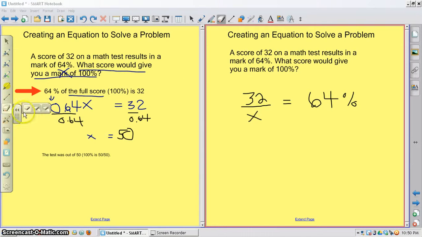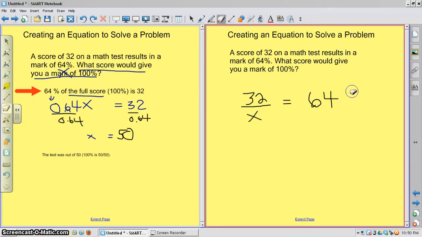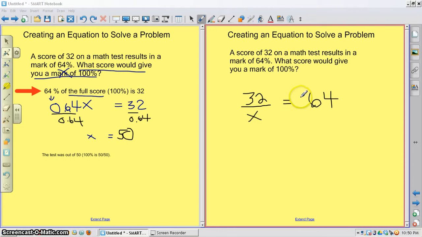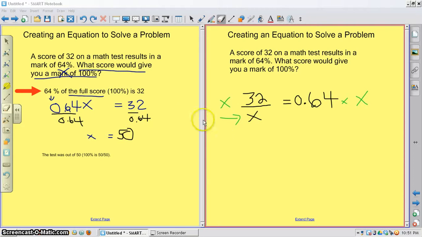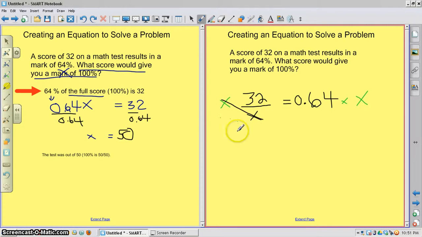So again, there's going to be an issue here of remembering to convert the percent into a decimal, because we can't work with percentages in these things. So what we learned earlier about the variable being on the denominator, we can multiply by x on both sides, and of course that's going to cancel on the left side, and we're going to have 32, and you can see we're going to end up at the same spot.